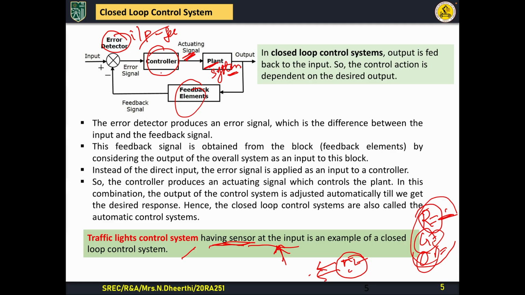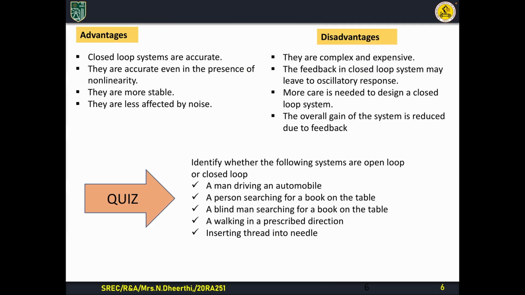So the main thing: in an open loop control system you don't have any feedback, and in a closed loop control system you have feedback from the output. Let's look at the advantages of a closed loop control system. It is very accurate when compared to an open loop control system, since external disturbances are corrected by an error detector and error corrector.